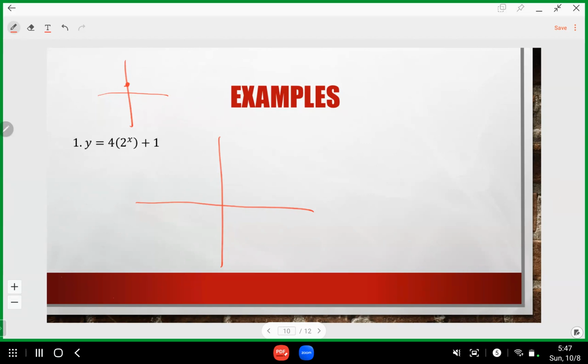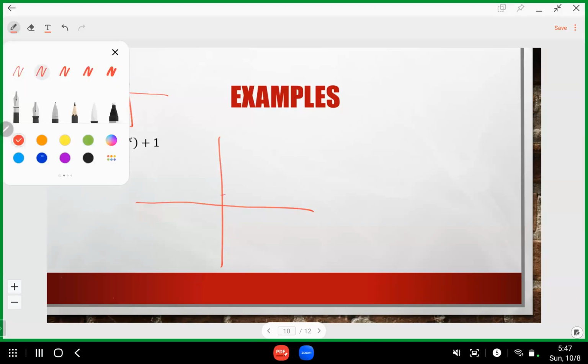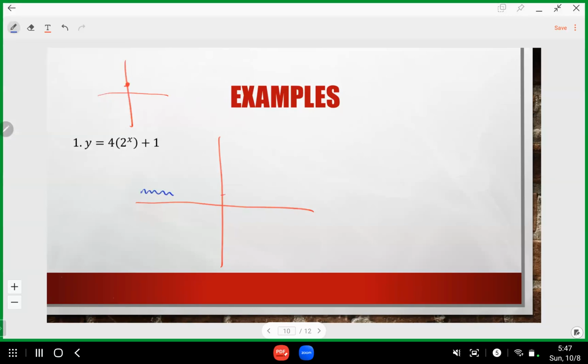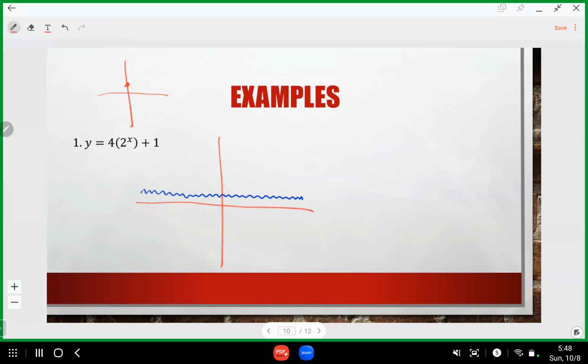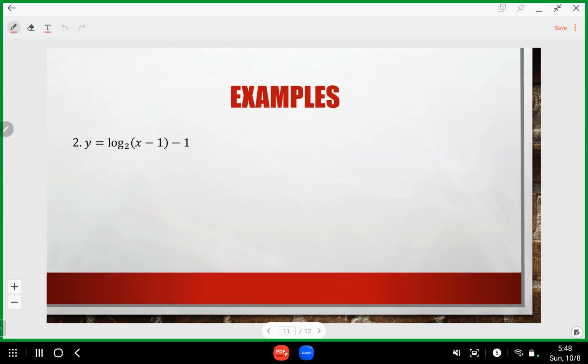So now the horizontal asymptote becomes y equals 1, and the reference point is now (0, 2). So we have this, and it's a very steep graph because we vertically stretched it. If you want to be more accurate, you can put in some additional points, but I'm just too lazy to do that. So let's do number 2.